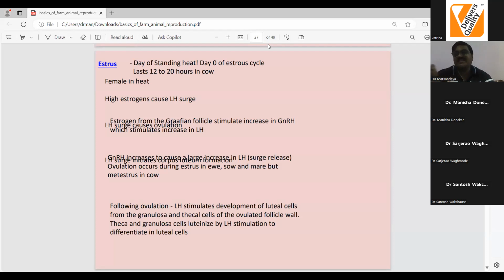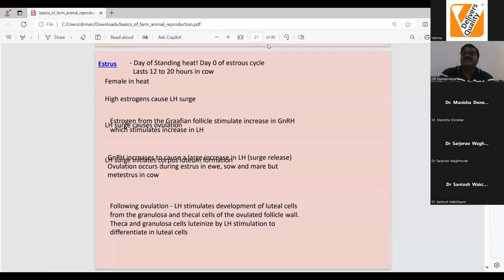Now the second: it is not only that the owner should efficiently detect the estrus, but the estrus detected by the owner must be accurate, and that is estrus detection accuracy. What is accuracy?